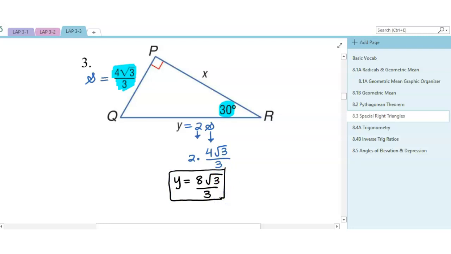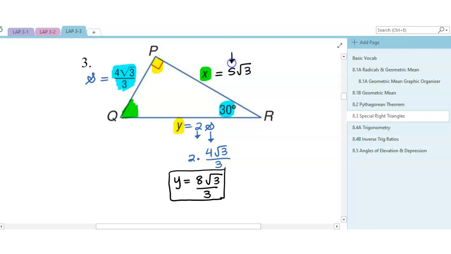Just like that. Now, to find X, X is the side that's opposite the 60 degree. If I want to find X, we're going to set it equal to the side that's opposite 60 degrees, which looks like this. We have S root 3.